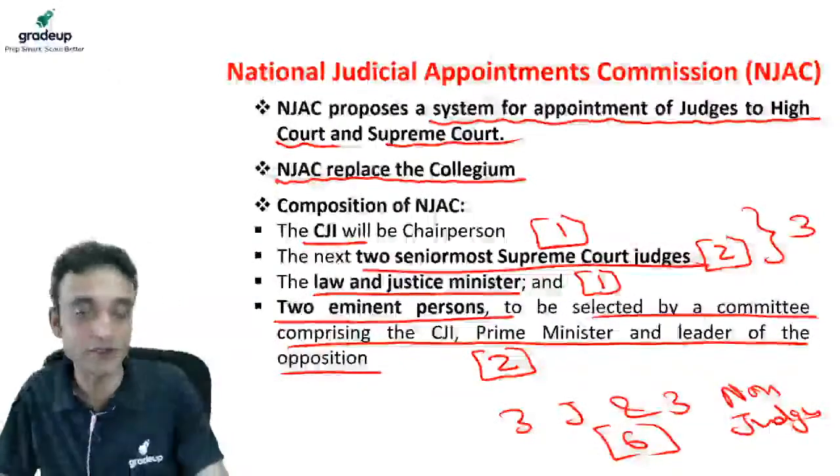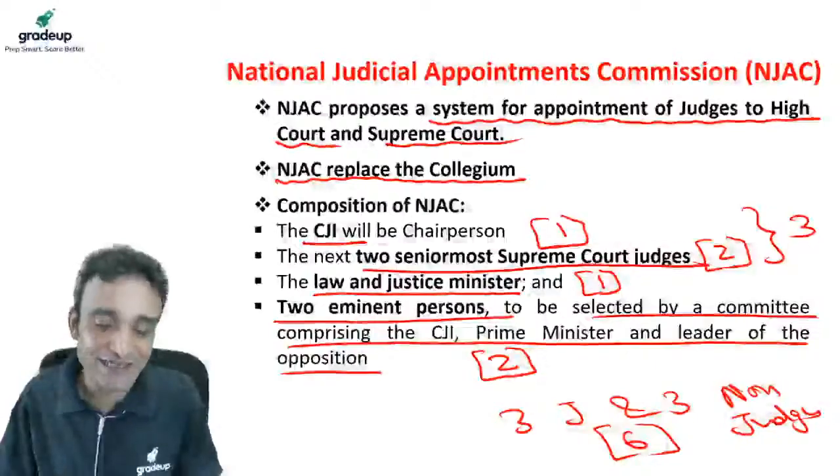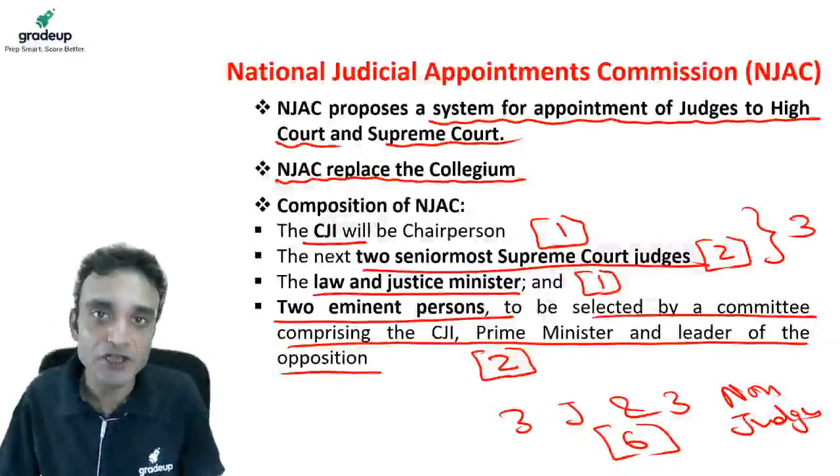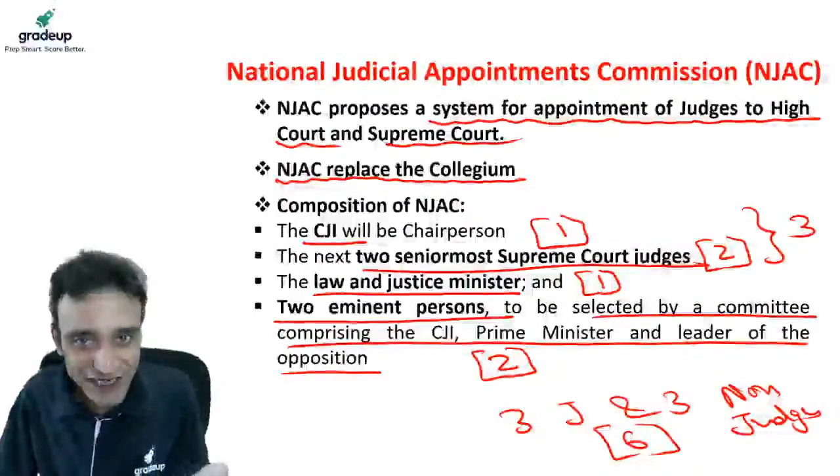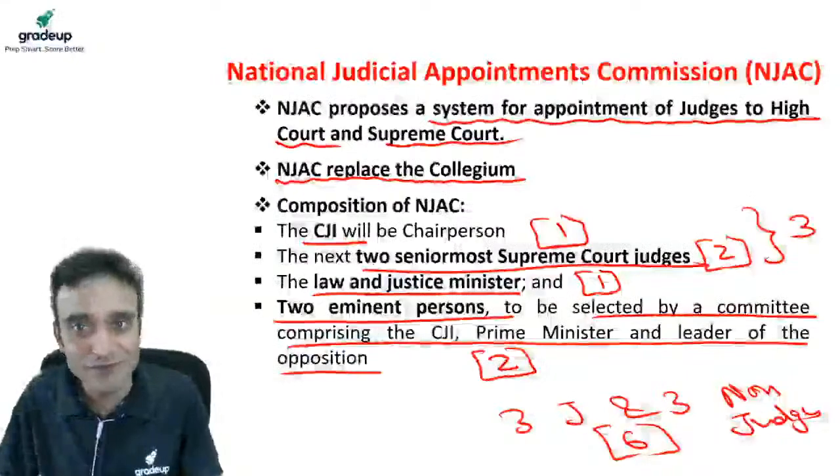Very, very important. So the NJAC, the National Judicial Appointments Commission, is a system for appointment of judges to the High Court and the Supreme Court. The NJAC replaces the collegium system.